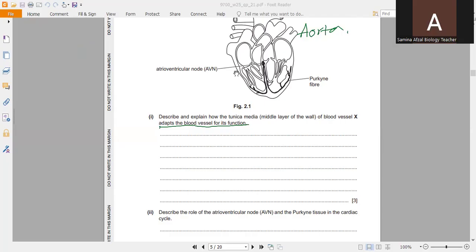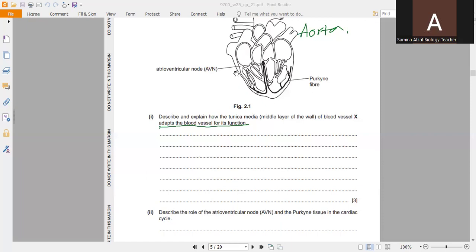So smooth muscles have strength and control, so they provide structural strength to the vessel. So it prevents the artery from bursting under high pressure. While the aorta is primarily elastic rather than muscular compared to small arteries, the smooth muscles still allow some vasoconstriction and vasodilation to help regulate blood distribution and pressure.